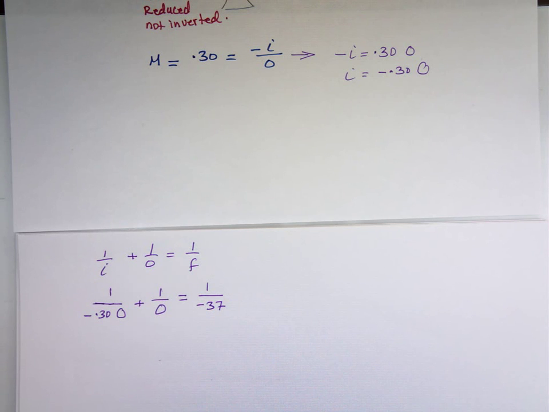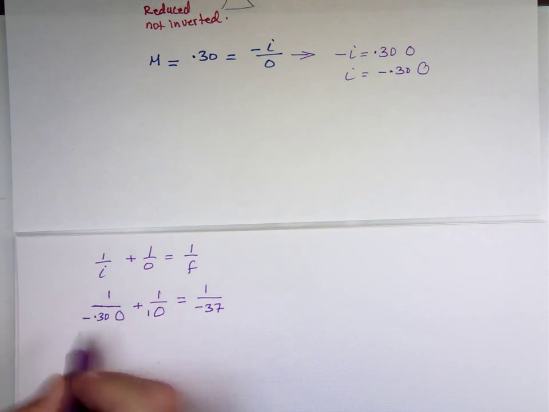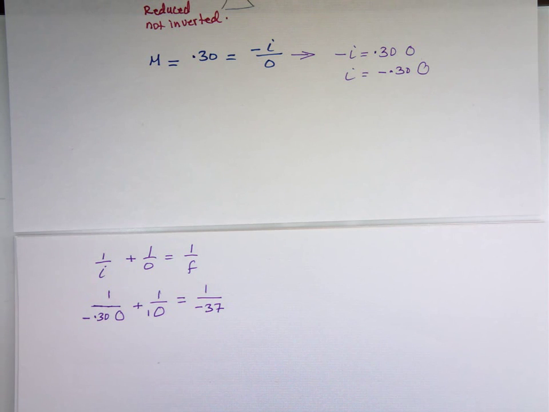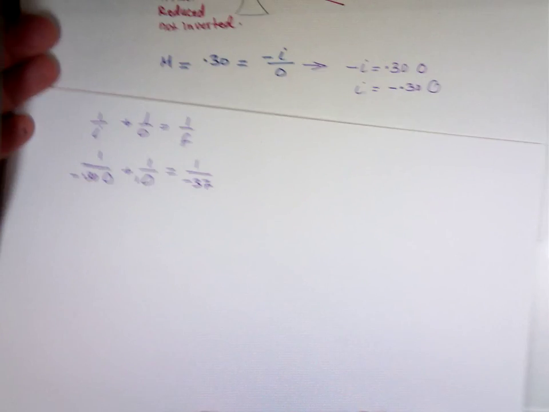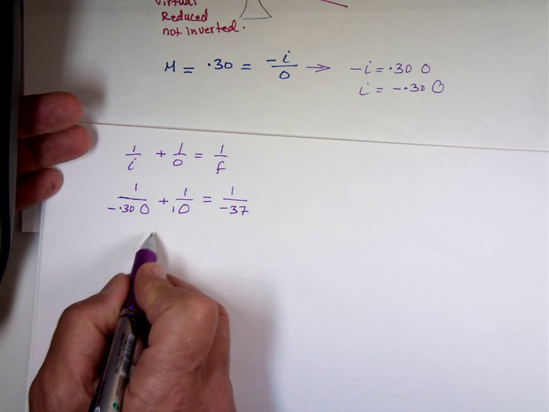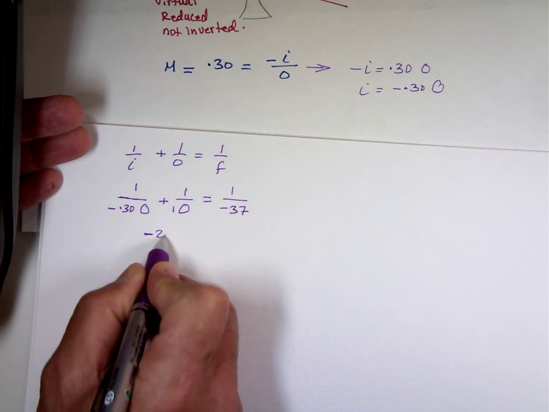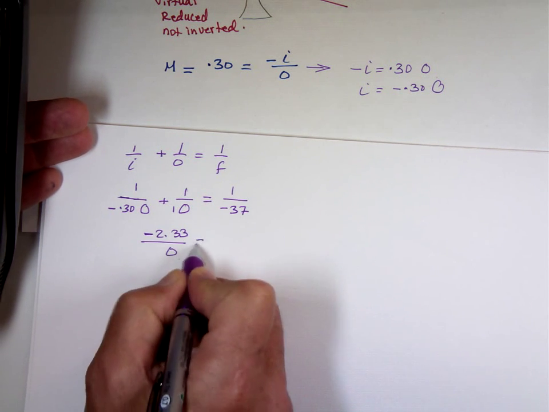Do the math here. That's 1 over 1 minus 1 over 0.3. I'm leaving O on the bottom. That's negative 2.33 over O equals negative 1 over 37.